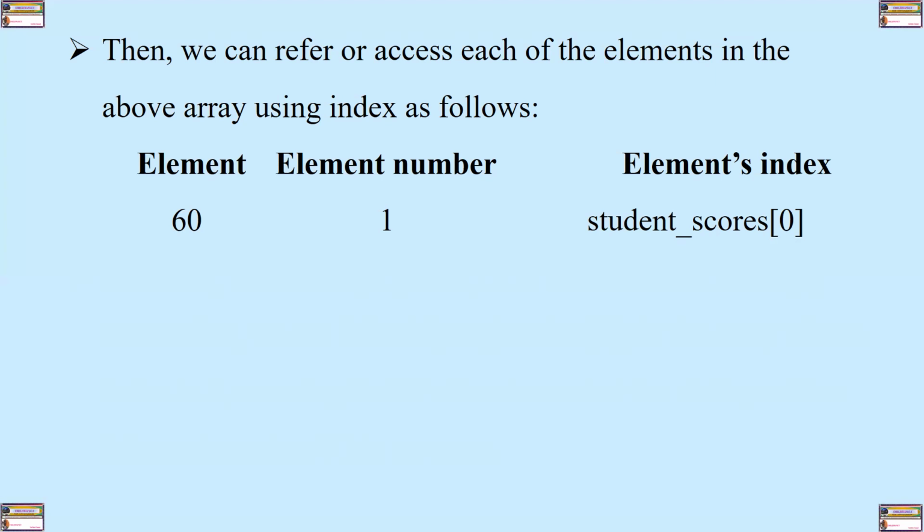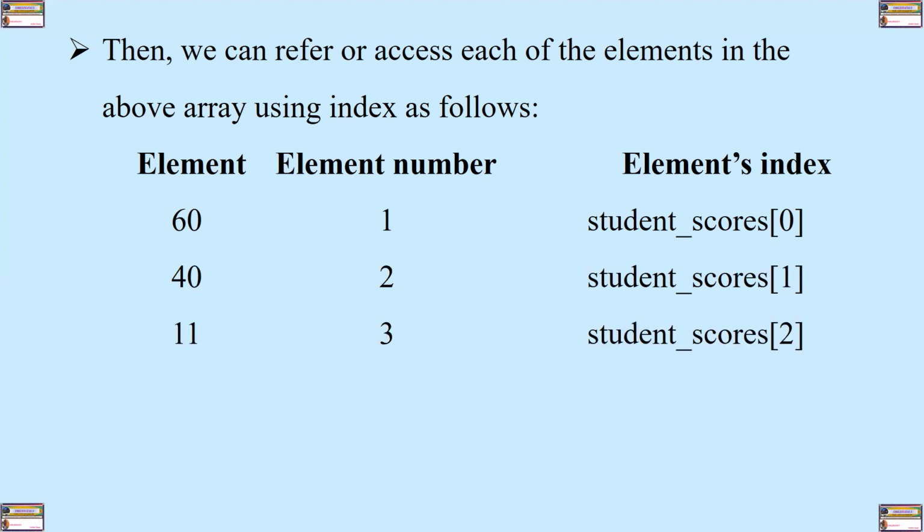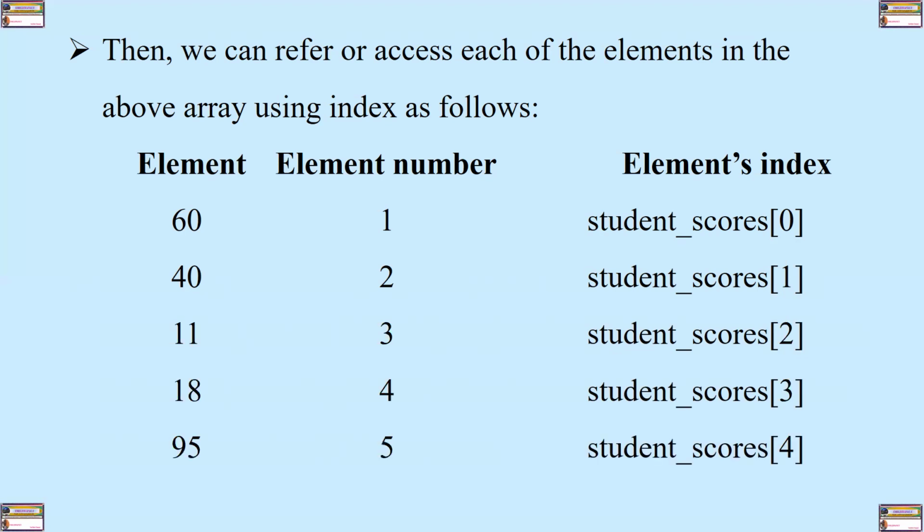So 60 will be studentScores[0], index 0. 40 is in position 2, so it is studentScores[1]. And the same continues to the last one, which is 95. It is in position number 5, and therefore its index is 4. So its index is studentScores[4]. It has the fourth index, meaning it's the fifth element.